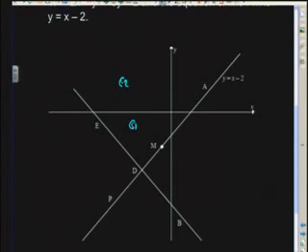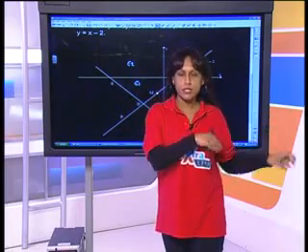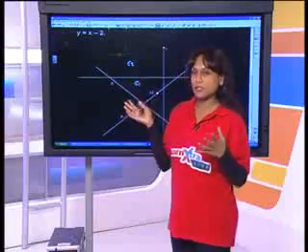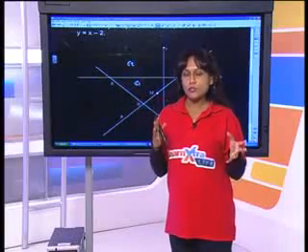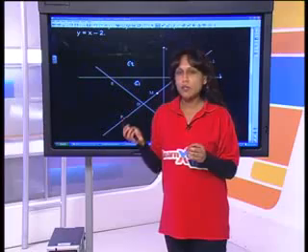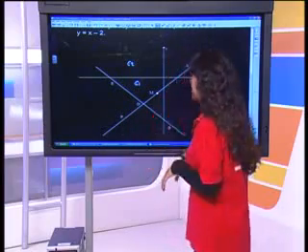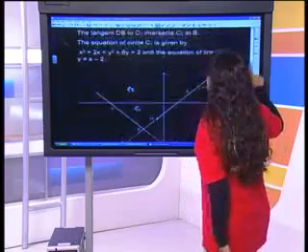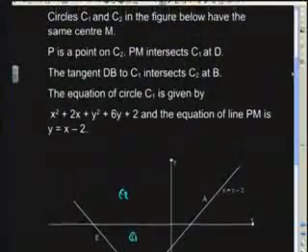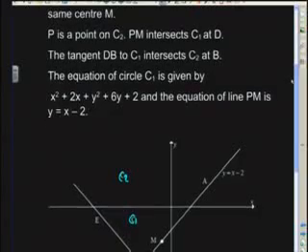Okay, but what they're saying is if you were to draw these circles, they will be concentric. Remember, concentric means they both have the same center. So another way we could have said this, because they just explicitly state that C1 and C2 have the same center M, we could have said that they're concentric. Okay, so remember that. All right, so we are given that C1 and C2 have the same center M.